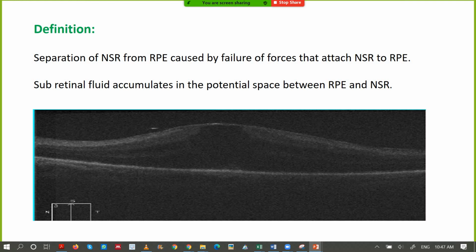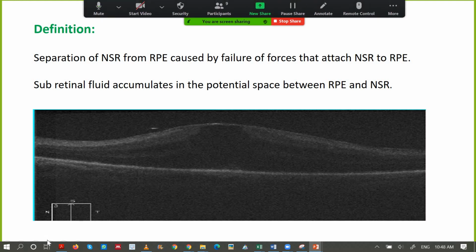When that force fails, or when there is a traction opposite force, that might lead to a detachment of the retina. The other thing is there might be subretinal fluid which accumulates, and that fluid would lead to the formation of a potential space between the RPE and the neurosensory retina.